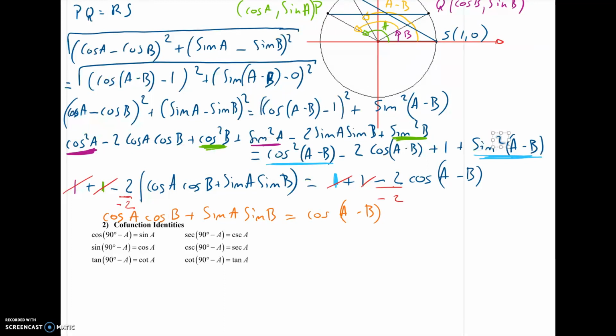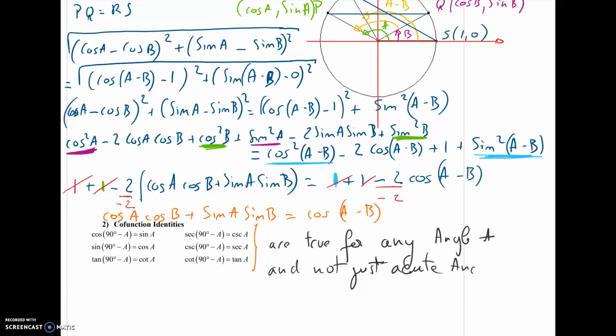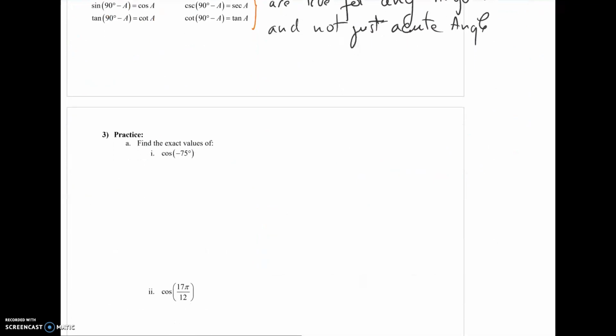I would like to write a note for you, in black for once, that these cofunction identities are true for any angle A and not just acute angles. Okay, any angle.